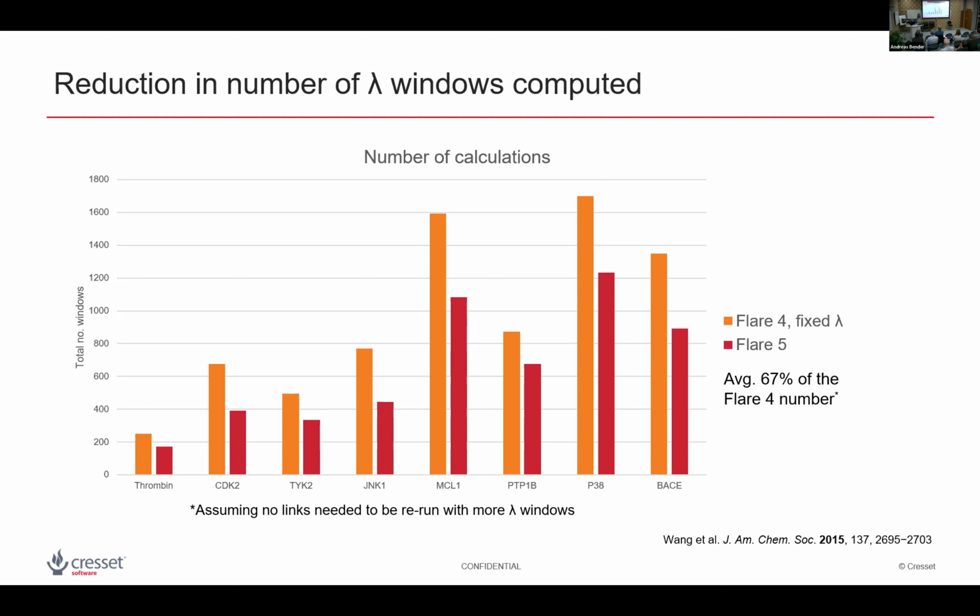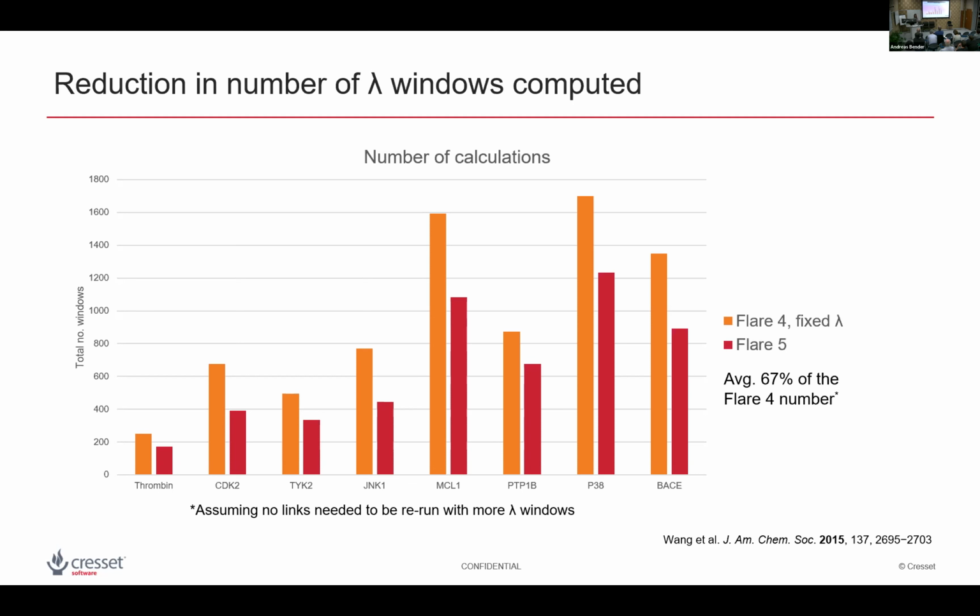It didn't work, so we threw the calculation in the bin. We reran with 15, didn't work. We reran with 20. So here what you see is just the 20 windows. So in reality, the orange bar should be higher. So what you're winning here is probably like 50% of your time.